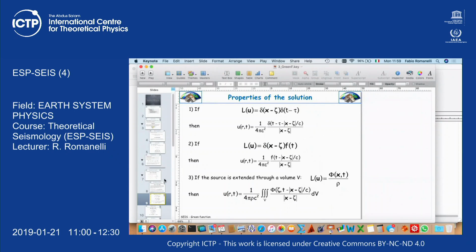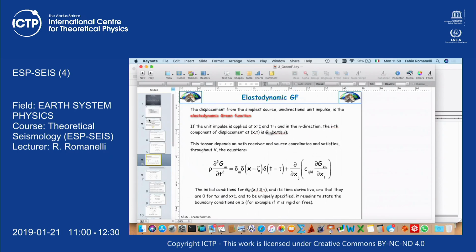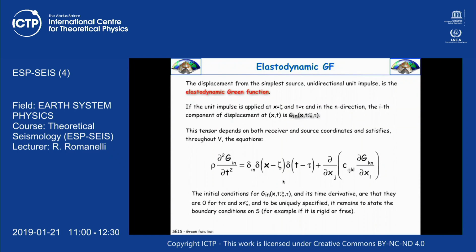Before going back to the Helmholtz theorem, let me remind you what our problem is. It's this. It's a delta in space, okay, did it. Delta in time, okay, did it. But the difference with respect to the explosion is that now the delta is acting in one direction.